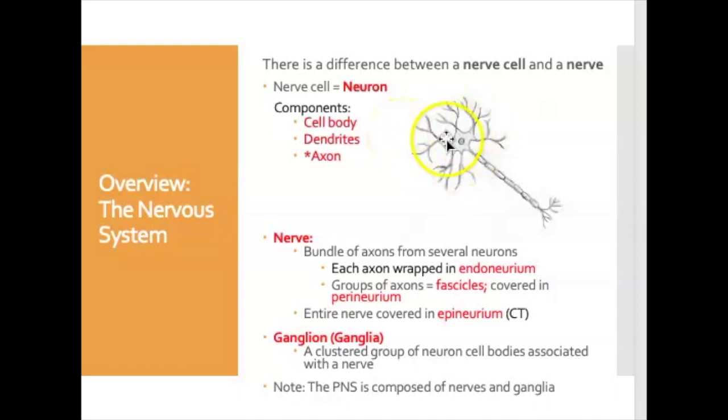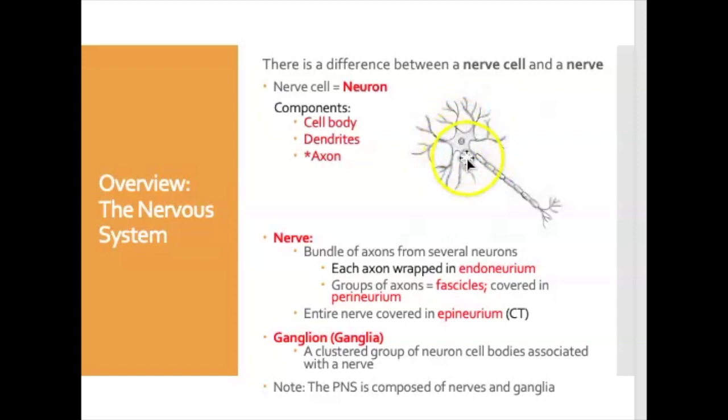The cell body, which is also called the soma, the cell body is the primary part of this cell. So this is where the nucleus would be located and all of the other organelles that we've talked about. Most of the cytoplasm is found in the cell body. All of the synthesis types of metabolic reactions that go on are happening in the cell body.